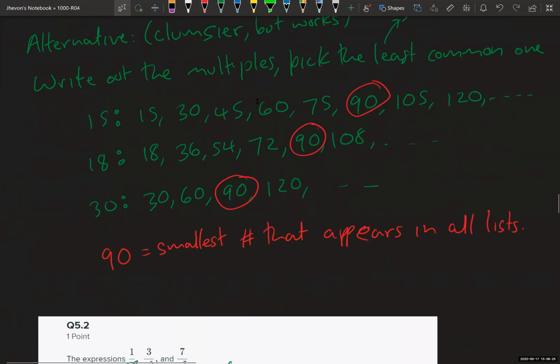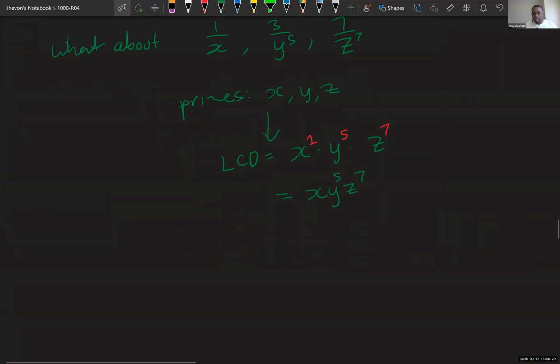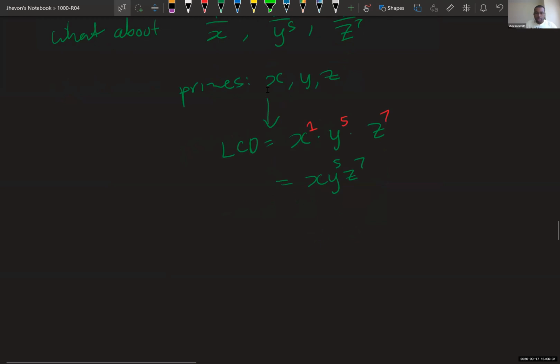And of course, if the bases have nothing in common, the LCD is just the product of all of them. You can also note here: LCD equals the product of all denominators if the bases have no common factors, because that's not true in general.